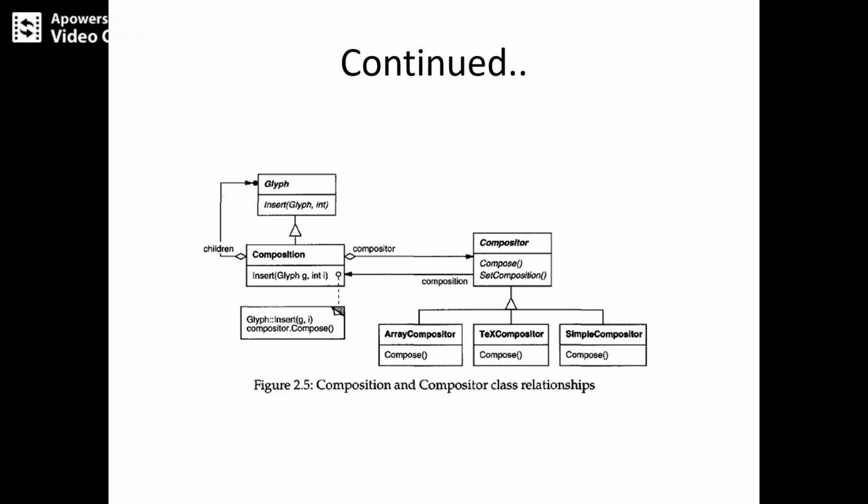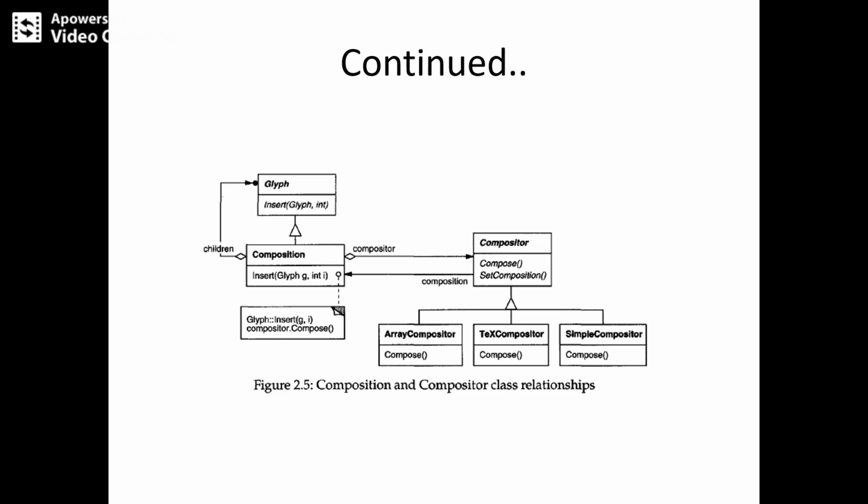In this diagrammatical representation there is an unformatted Composition object, so that is the insert. Initially we have insert glyph, with return type integer. The first you consider as a parent node, and the next two you can take as children nodes. Next, insert again, with return type int.